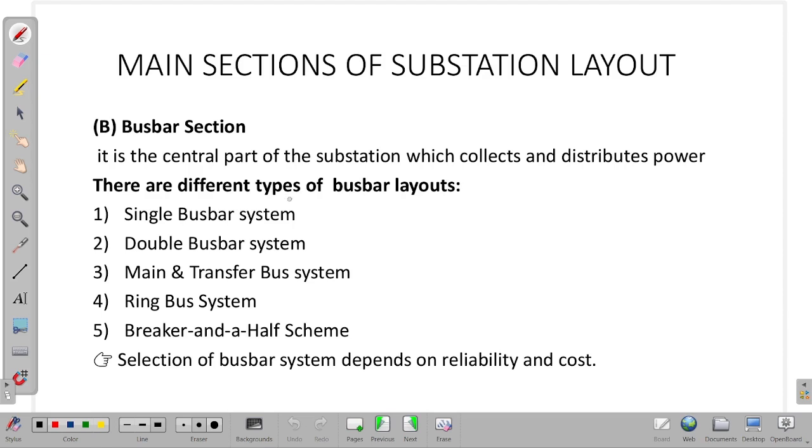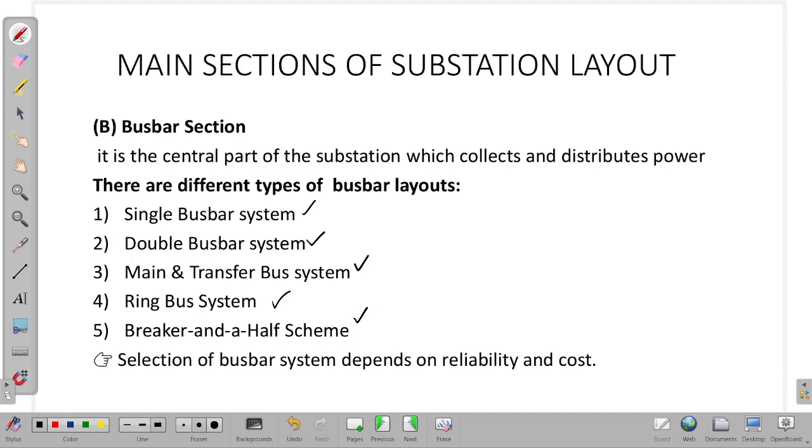There are different types of busbar layouts. One is the single busbar system, and the double busbar system. Then comes the main and transfer bus system. Then comes the ring bus system. And then comes breaker and a half scheme.